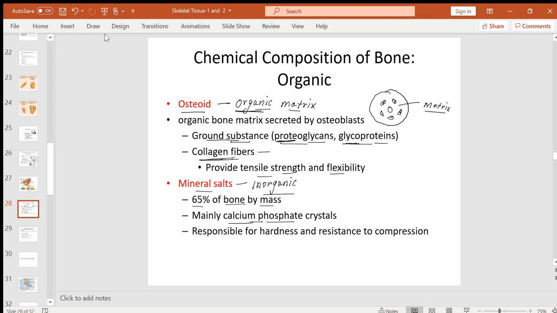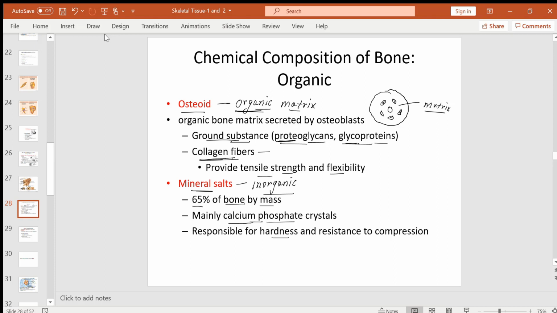So these are the main inorganic chemicals. And the mineral salts, calcium phosphate, are responsible for hardness, not the flexibility, but the hardness and resistance to compression.